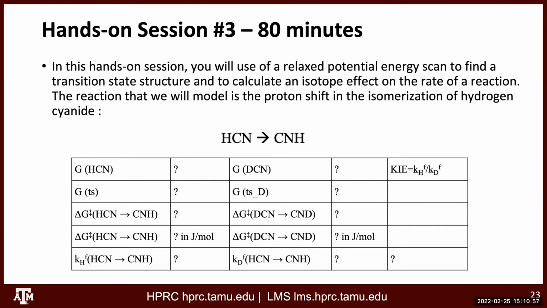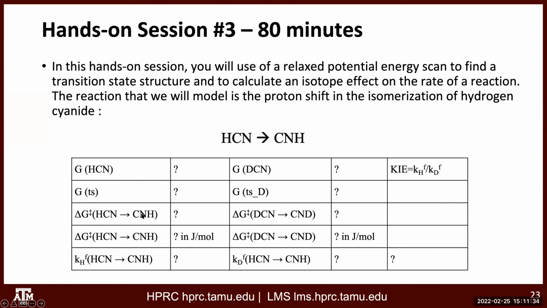I've already provided a sample spreadsheet in the tutorial, in the Scratch directory that I showed you. You need to find the Gibbs free energy for the HCN and the Gibbs free energy for the transition state, and calculate the free energy barrier, which is the difference between the transition state and the HCN, your reactant.